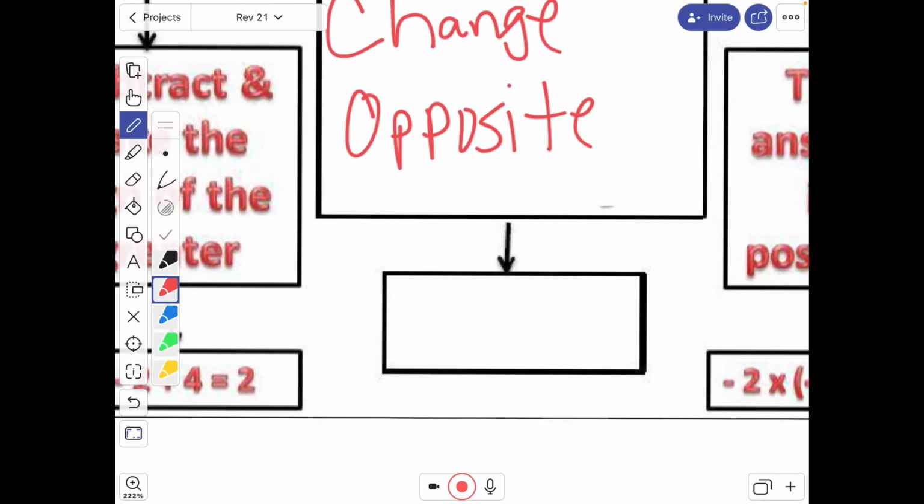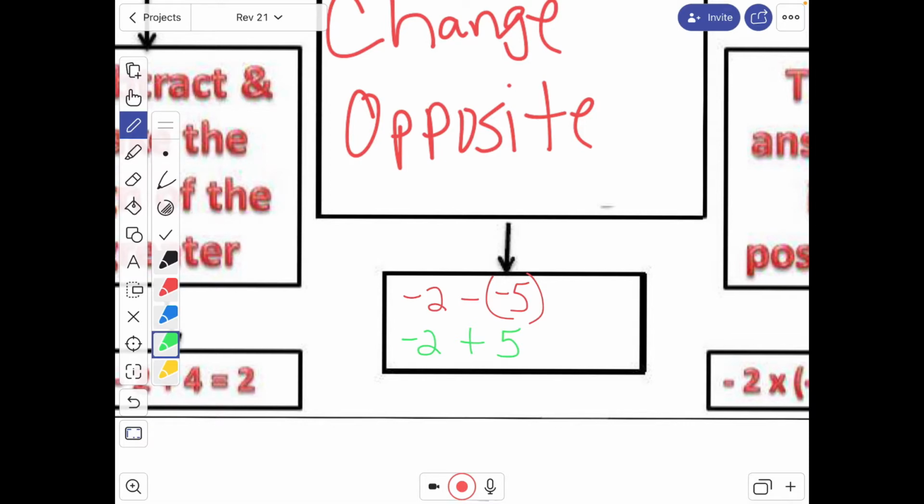What it means is if we have a problem like -2 minus -5, we're going to keep the first number. We're going to change the sign, so that sign's positive now. And then we change the sign of the next number.